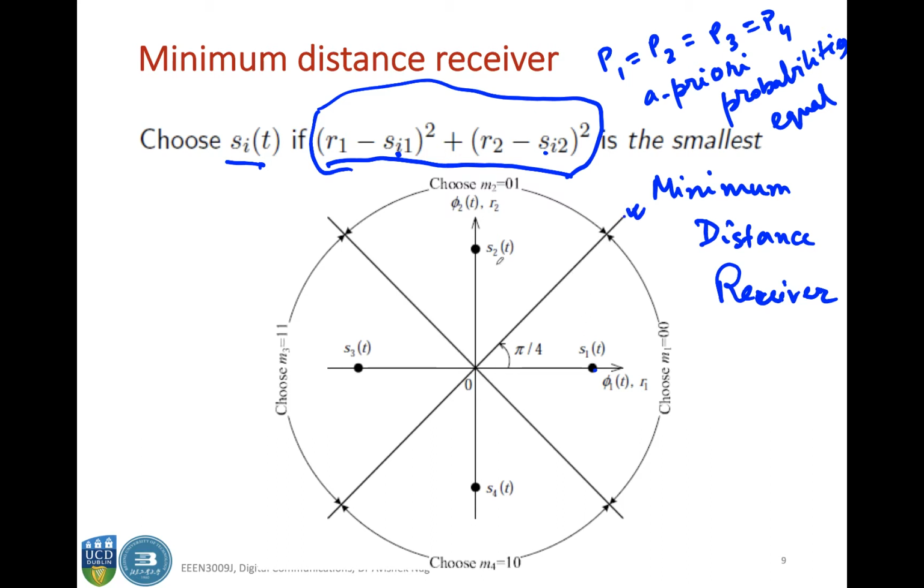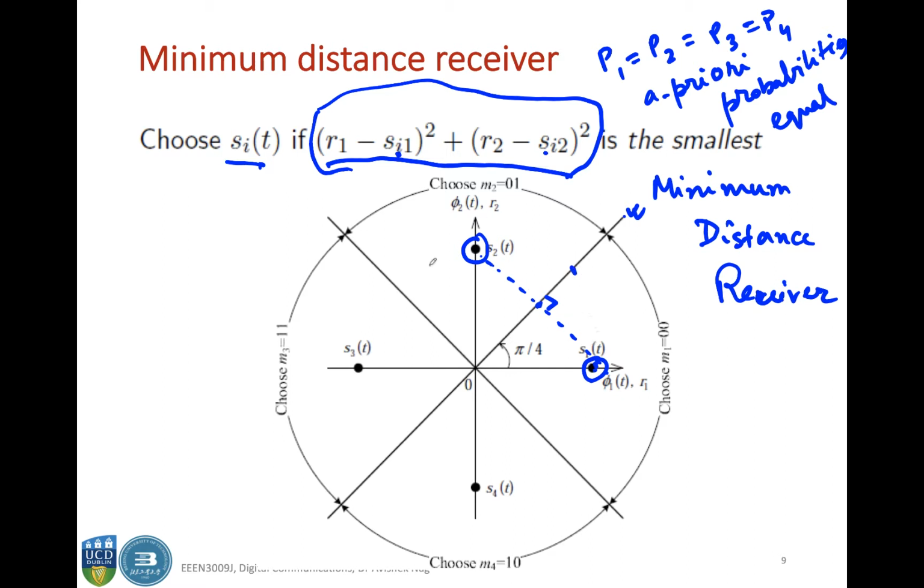If you recall, the decision boundary for the binary case for 2 signals was the perpendicular bisector of the line joining the two signals. If you just consider these two signals S1 and S2, this is still the case. S1 and S2 are joined by this dotted line, and the perpendicular bisector is the decision threshold for S1 and S2.